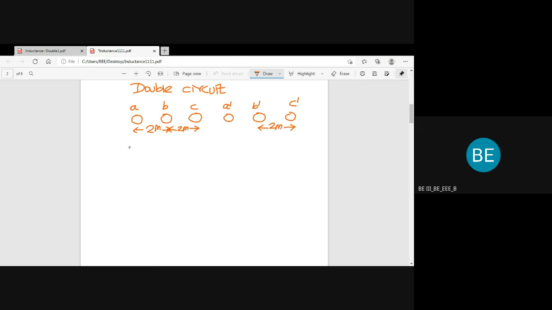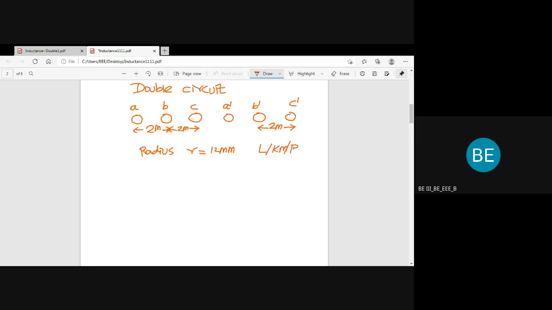So the radius of each conductor, I am considering, will be 12 millimeter. So we have to find the inductance per kilometer per phase. So we have to calculate.